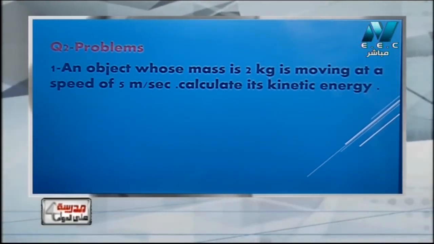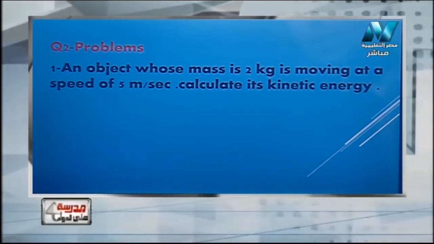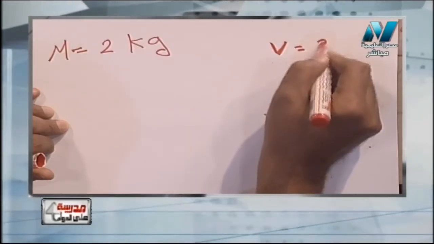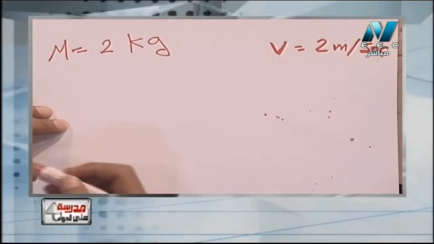So mass equals 2 kilogram is moving at a speed of 2 meter per second. So I must write here V equals 2 meter per second. Calculate the kinetic energy.